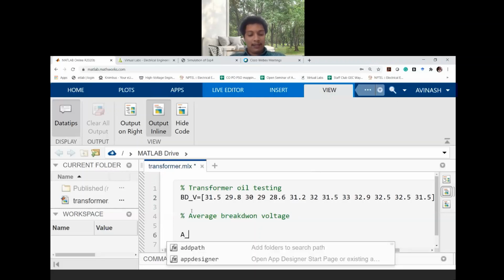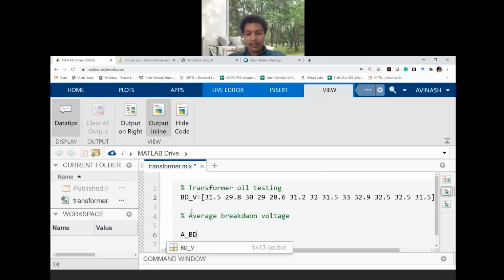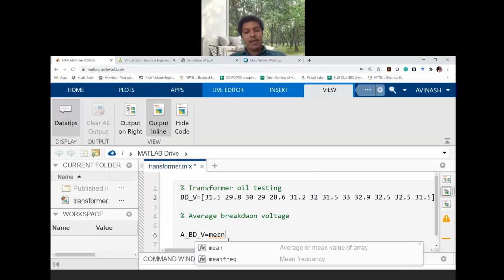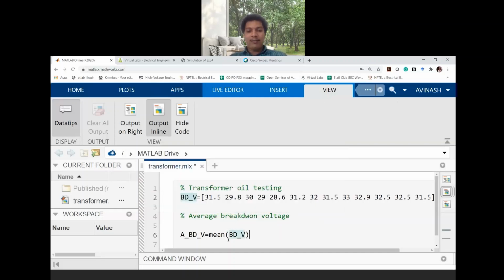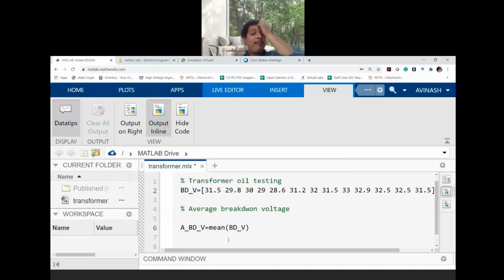Since it is the average breakdown voltage, I put a name before that. Average breakdown voltage means the average of all these values, which we can write in code as the mean of our breakdown voltages. That will give us the average breakdown voltage.